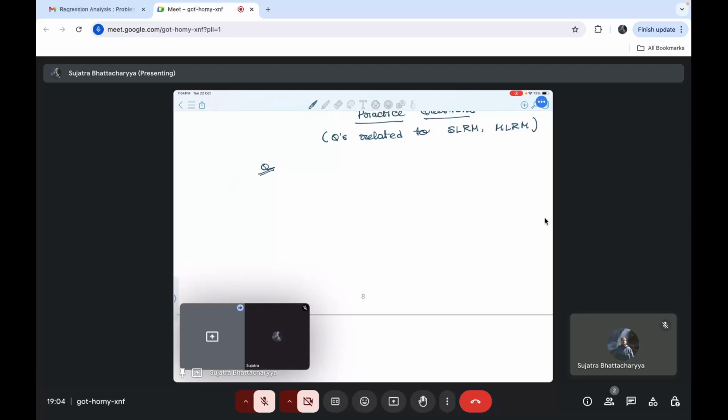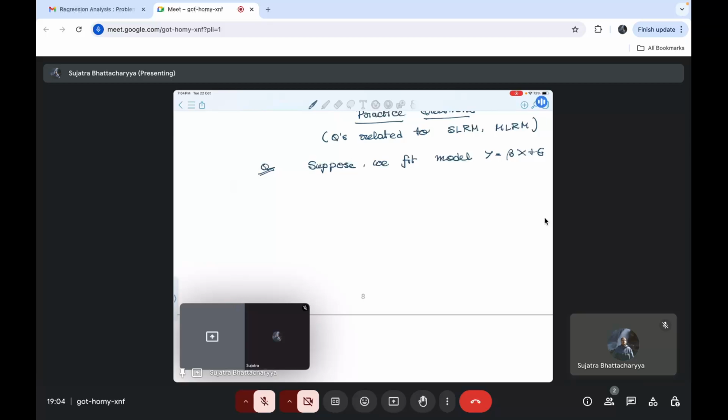So let's start. Suppose the question is that we fit the model y is equal to beta x plus epsilon. You can see that it is a model where you have one unknown parameter.